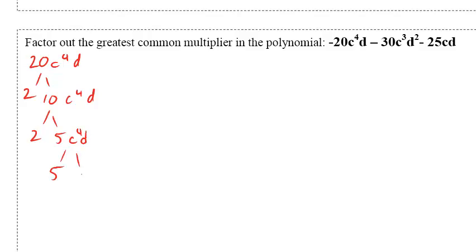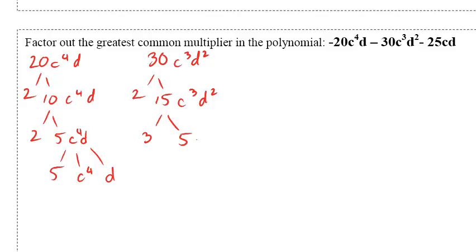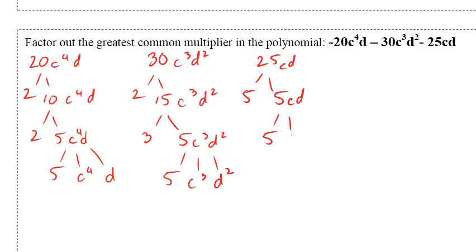That goes into 5c to the fourth and a d. 30c cubed d squared is 2 times 15c cubed d squared, 3 times 5, oops, c cubed d squared. And the last one was 25cd. It's 5cd.